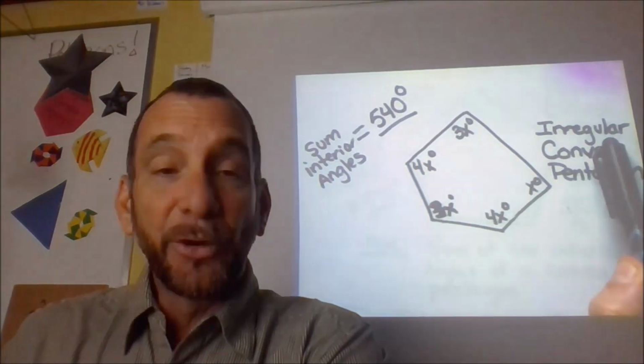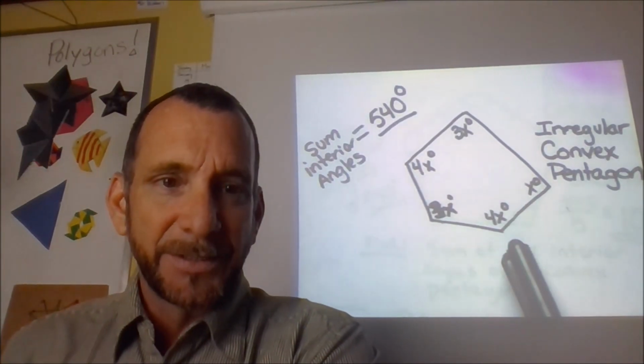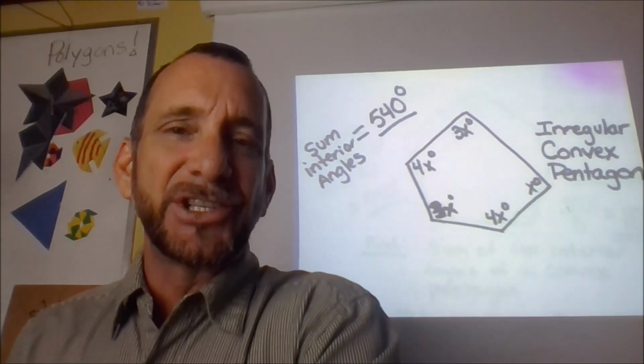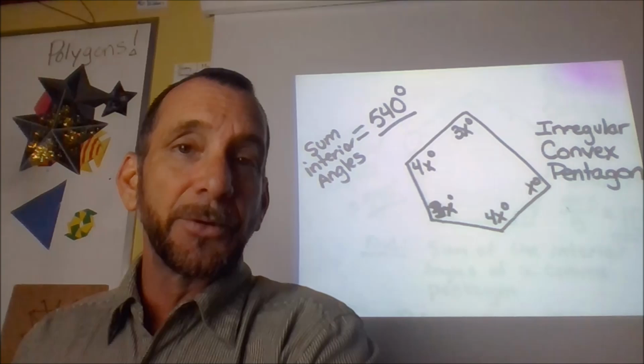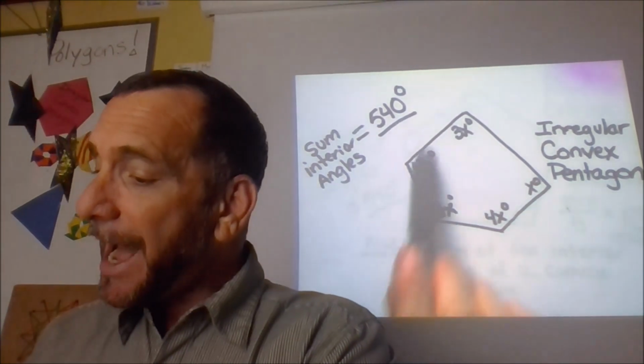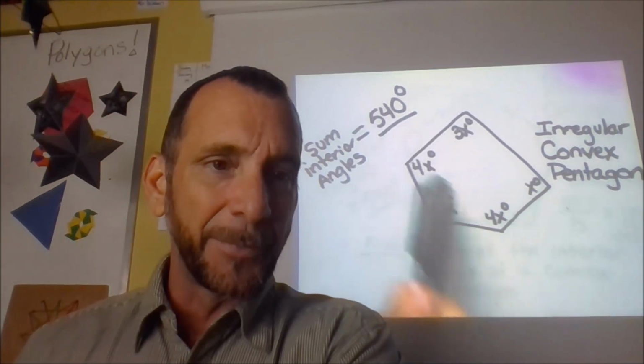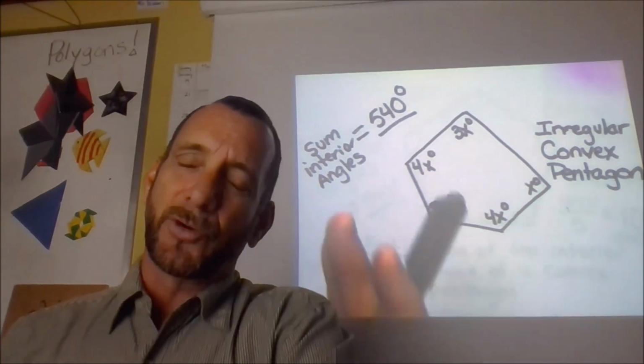But when it's irregular, as this one is, we have to be given terms that represent each angle in terms of x, or a variable. So now we can get each angle, and you can see they're all different. A couple of them are the same measure, but this is not drawn to scale.